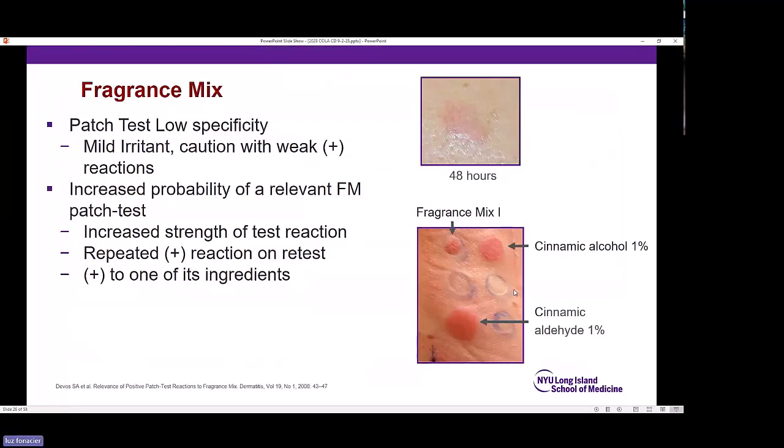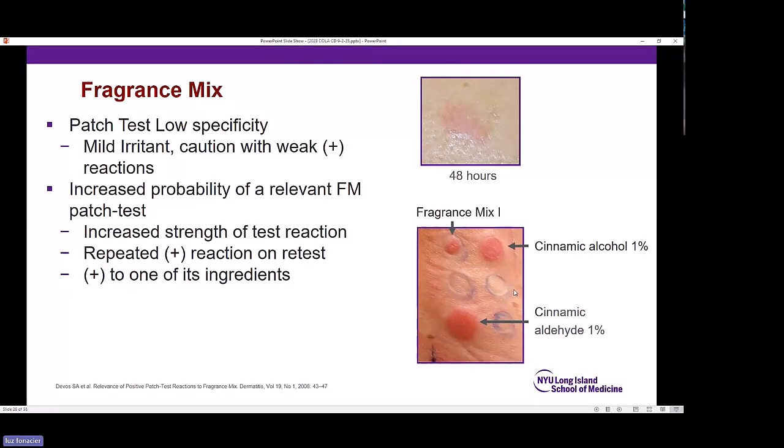The fragrance mix patch test has a low specificity and a high irritancy, so you can have an irritant reaction. You can see here on top is a 48 hour read, but that's why you need, again, a 72-hour read. You will increase the probability that this is a relevant fragrance mix patch test if the reaction increases in 72 to 96 hours, it increases in strength, or you become positive to one of its ingredients.